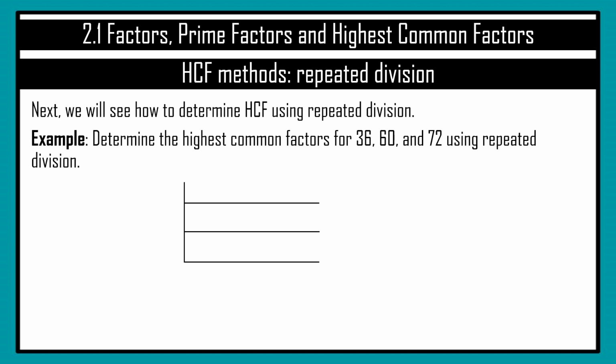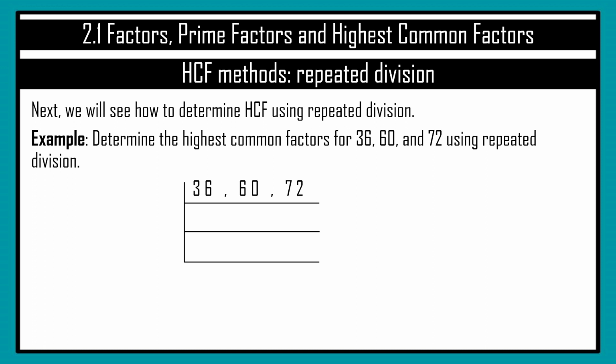The second one is by using repeated division. Okay, we've seen this one in prime factor, right? So I'm going to put all the numbers, which are 36, 60, and 72, into this reverse division. And then we're going to do from the smallest number, which is 2.